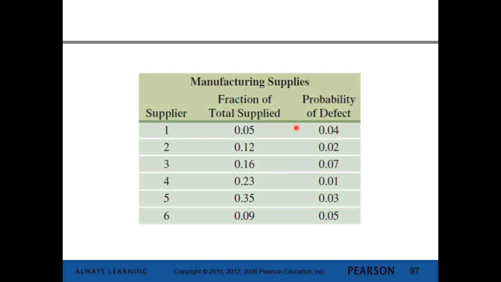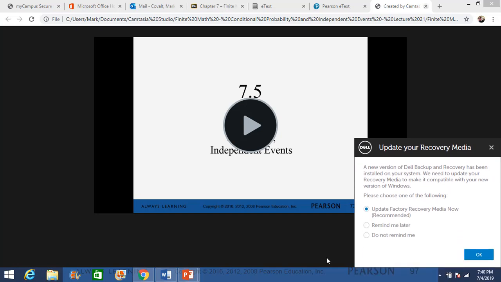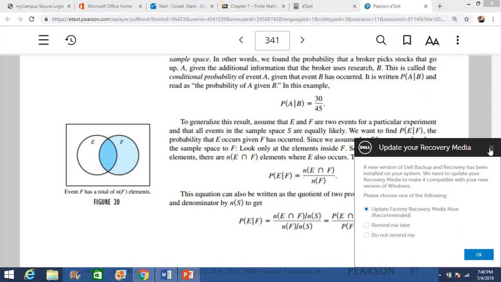That's going to be all of these. So I'm going to multiply across each branch, and those I'm going to add up, and that's going to give me the total probability of being defective. Then I'm going to take this probability, because this is the probability of being supplier 4 and being defective, and this is going to go in the numerator. The rest of those are going to go in the denominator, and then I'm going to divide.